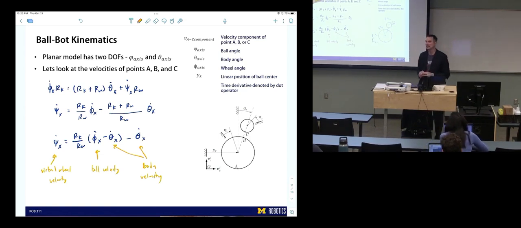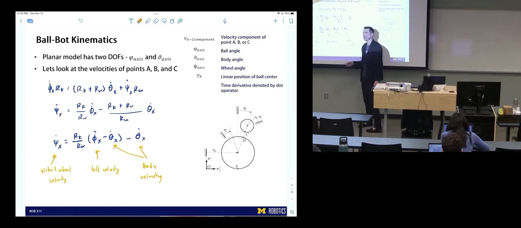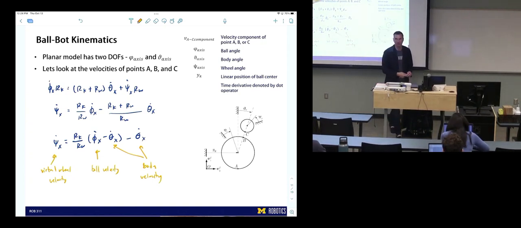Would we want to use this equation if we know the velocity that we want for our ball and then find the wheel velocity, or would we use this equation if we know our wheel velocity and our body velocity to figure out the ball velocity that we're moving at? It's the latter. Okay. Right now, we haven't been using a velocity-based controller.